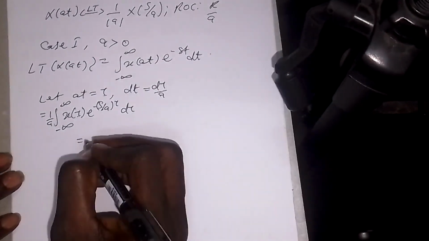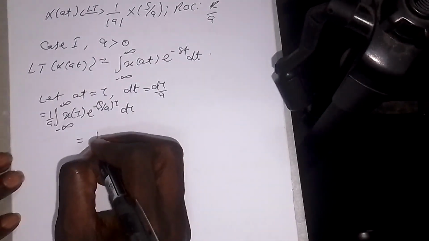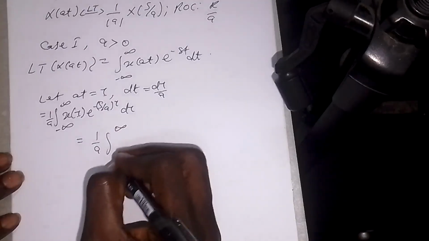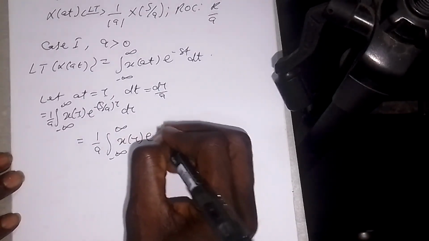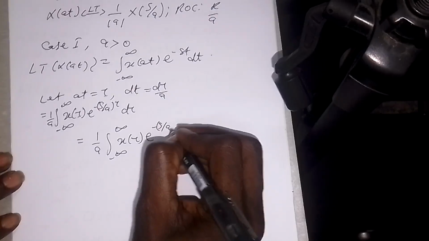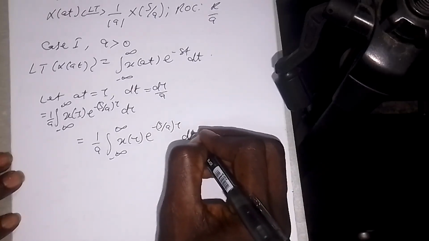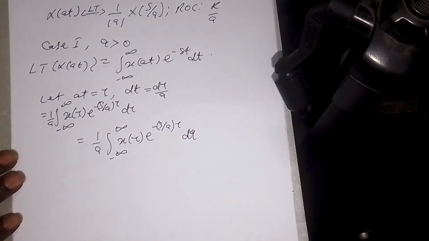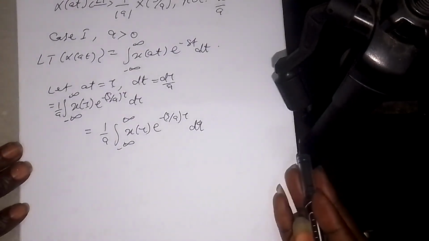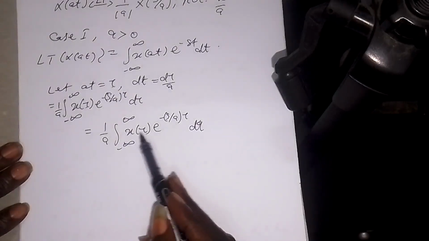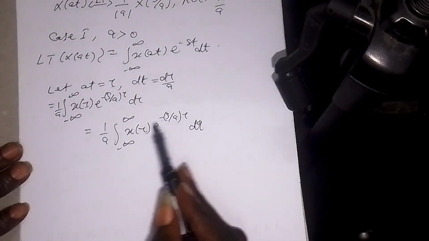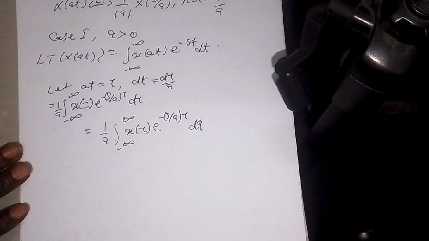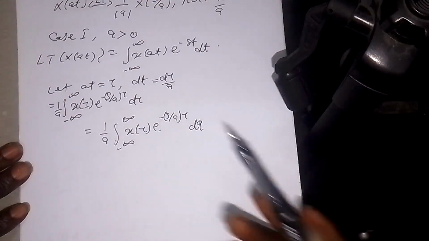So now I'm going to have 1 over a into the integral from minus infinity to infinity of x of tau into e exponent minus s over a into tau d tau. If you check this one, if I take away this 1 over a, then it is a Laplace transform that gives us X of s over a. So this one is actually equal to 1 over a times that Laplace transform, which gives me X of s over a.